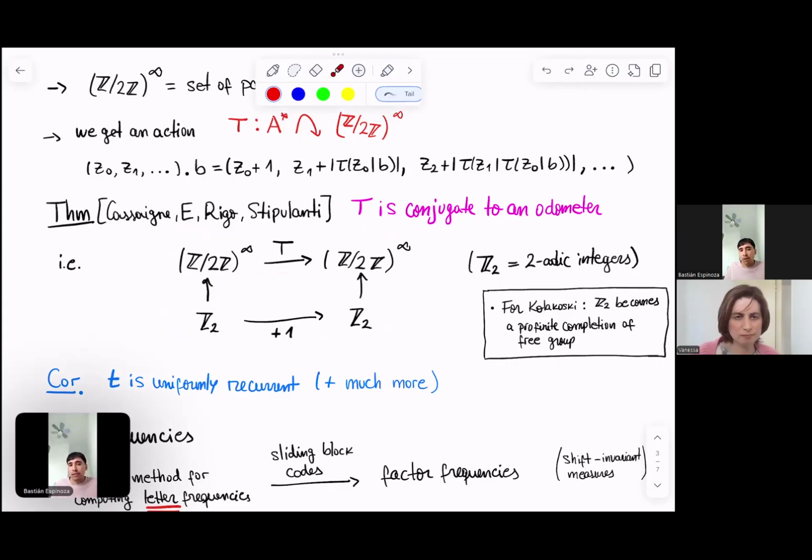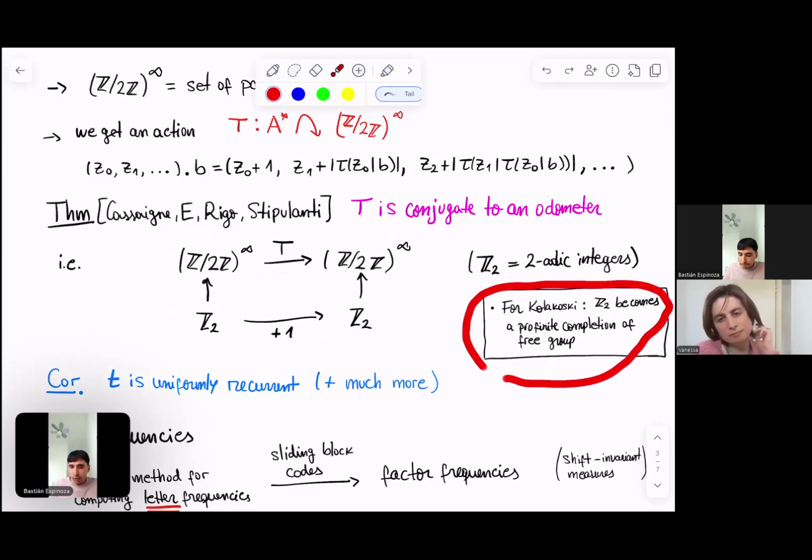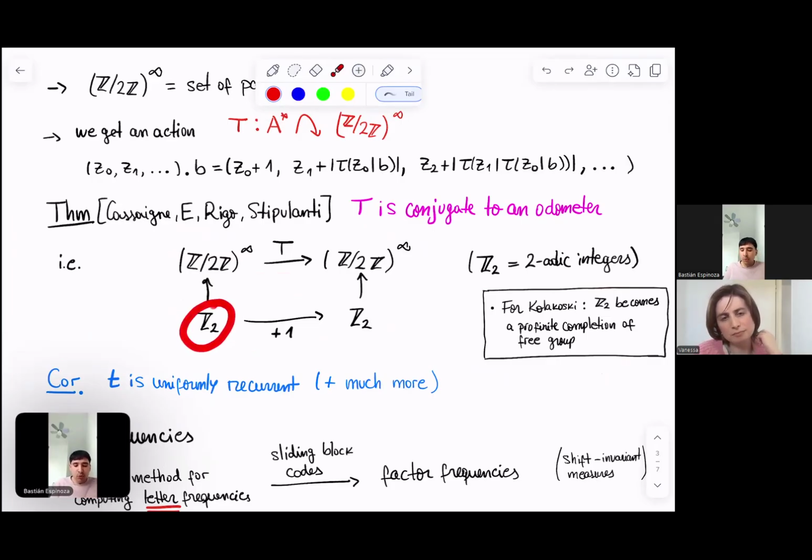This is the one that contains most of the information for topological recurrence, so the uniform recurrence part. It is worth mentioning that when we consider here the Kolakowski word, we can do kind of the same thing, but the space Z2 that we get here is not something as simple.